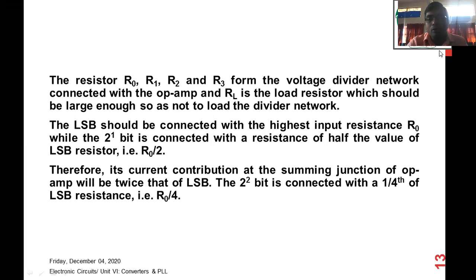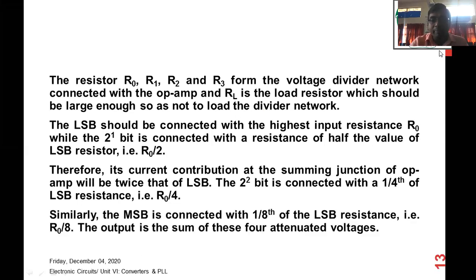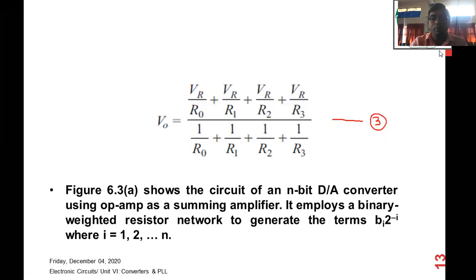Therefore, its current contribution to the summing junction of the op-amp will be twice that of the LSB. Then the 2 raised to power 2 bit is connected with 1/4 of the LSB resistance. Similarly, the MSB is connected to 1/8 of the LSB resistance, that is R0 upon 8. The output is the sum of all these 4 attenuated voltages.